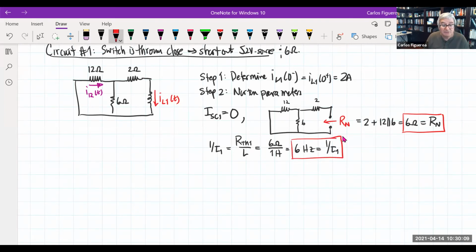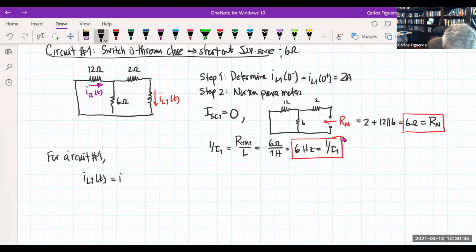So I'm going to write my solution here. My first solution looks like this. For circuit number 1, I have IL1 of T, and maybe I should be more careful.